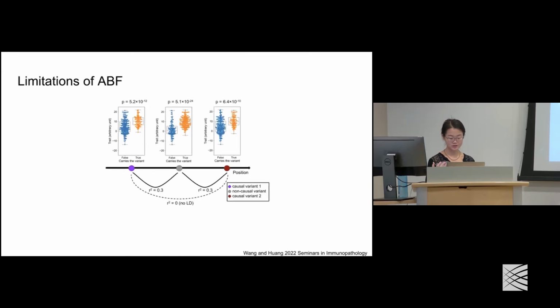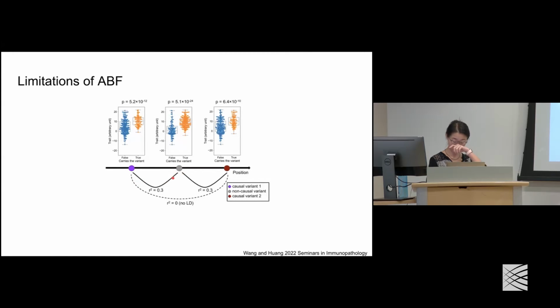That's what Qingbo and Hailiang did in their 2022 paper. They constructed this example where you have two causal variants, violating the model for ABF, and a third, non-causal variant. The two causal variants don't really have any LD with each other, but they both have non-trivial LD, 0.3, with this middle non-causal variant.